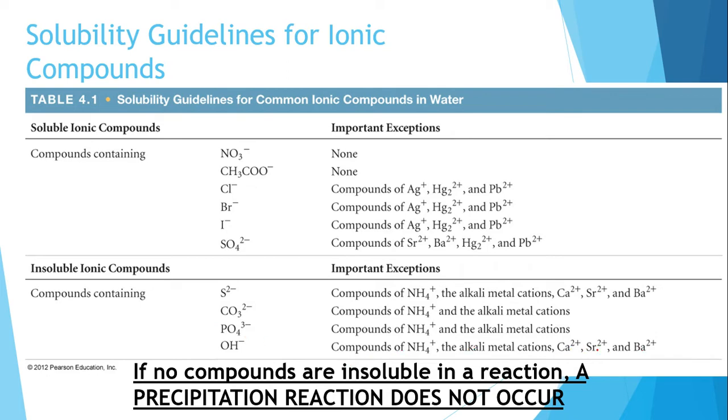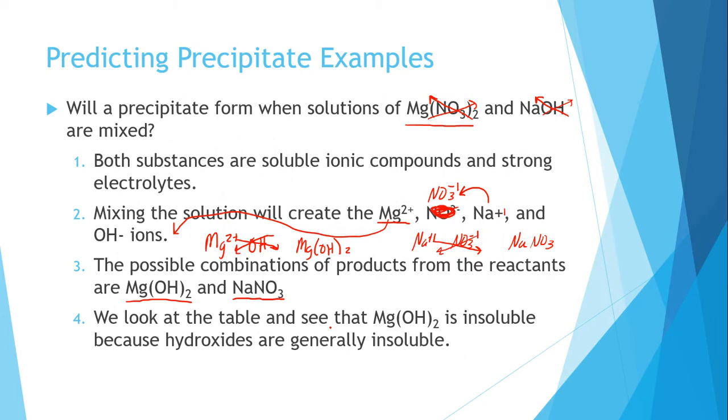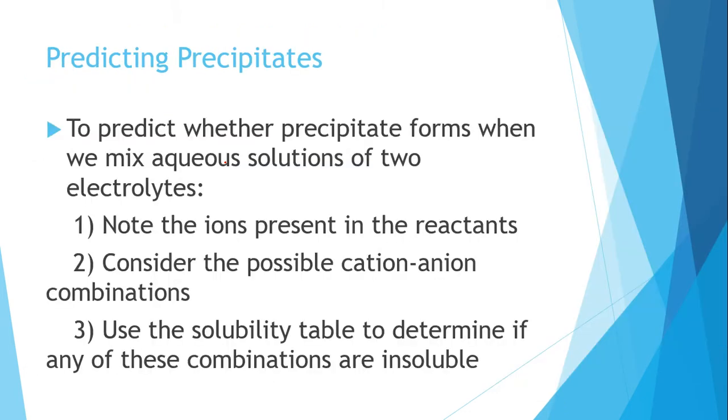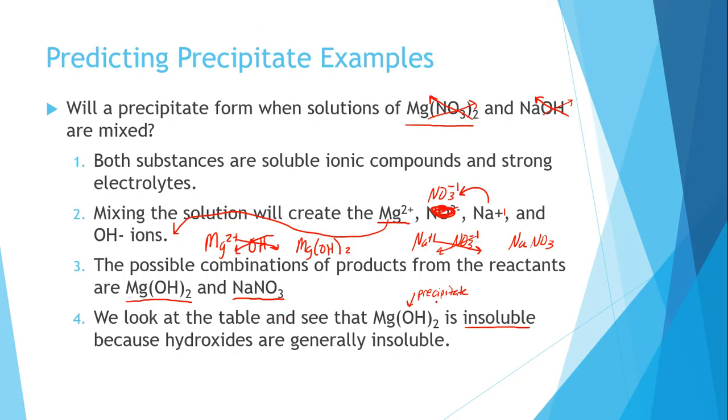And you're going to notice that it does not fall into any of those exceptions. Magnesium doesn't. So it's considered insoluble, and this is my precipitate. NO3, if you look at the solubility table, NO3 is soluble, so that doesn't form a solid at all. So this is my precipitate.